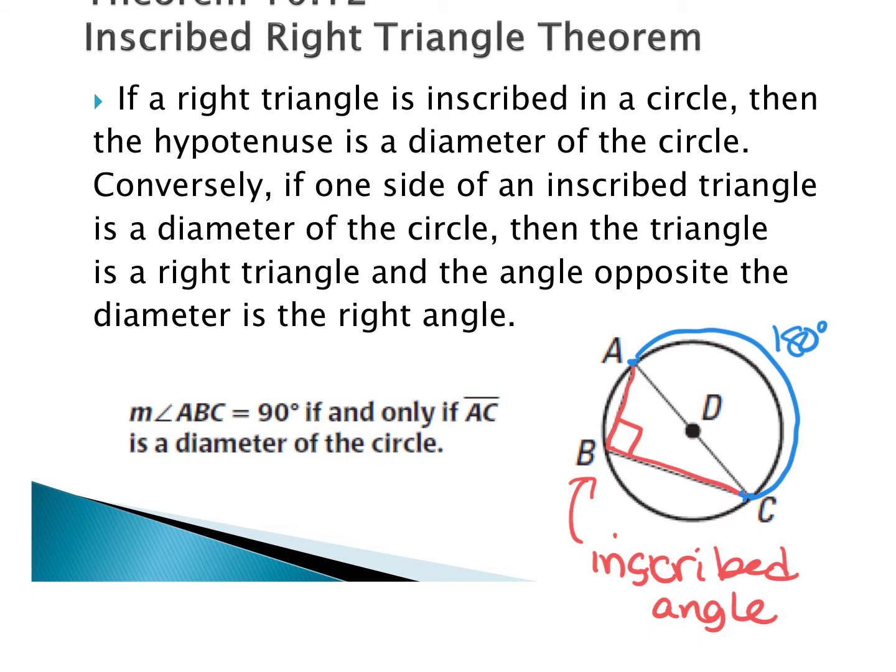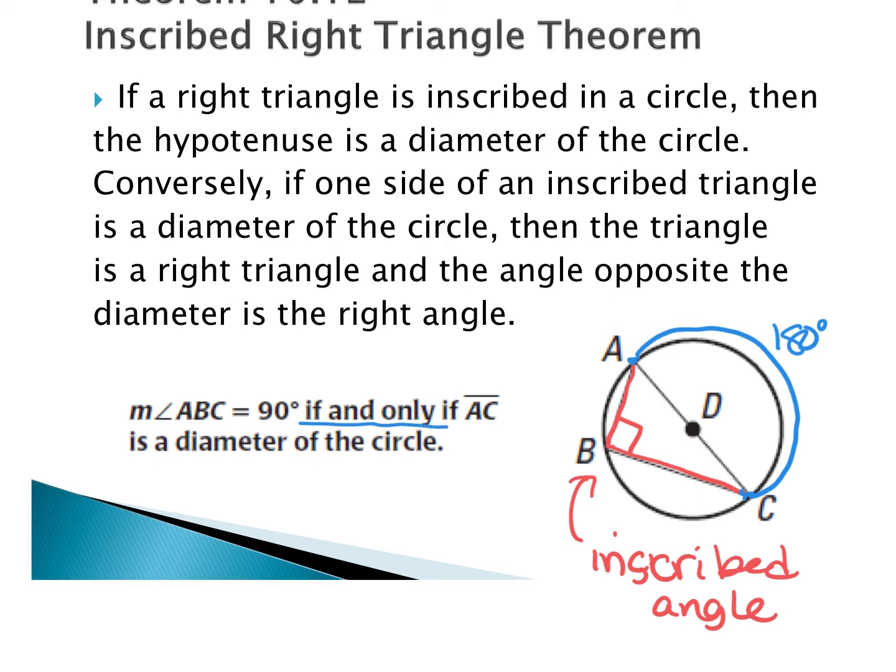So it sort of makes sense, this theorem, that when you have an angle that is inscribed, if one side of the inscribed triangle is a diameter, then the triangle is a right triangle, and this angle opposite the diameter will be a right angle. Now, because of the words here, if and only if, you could also say it the other way.